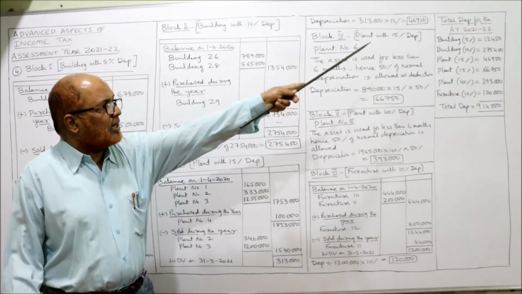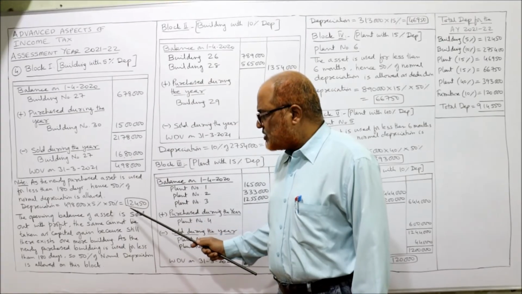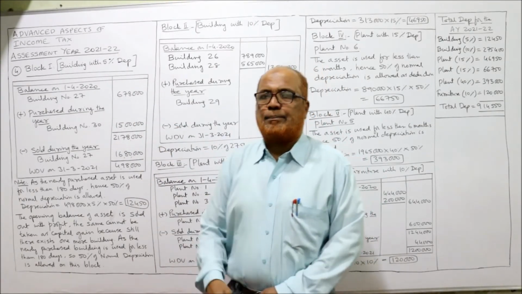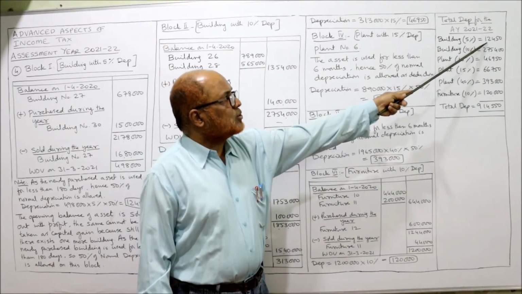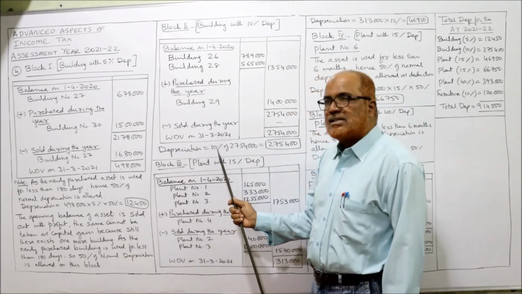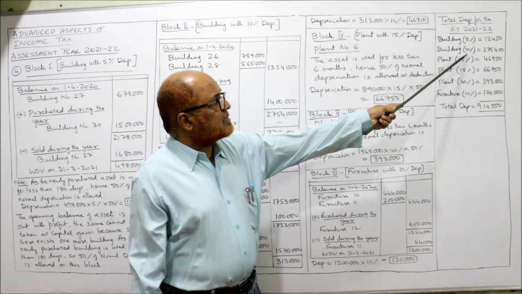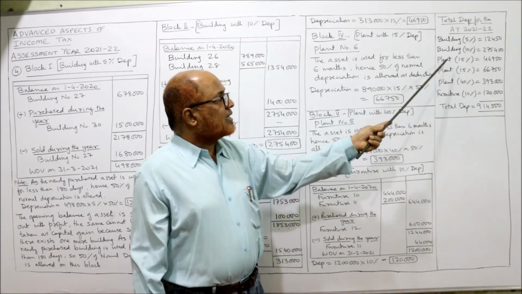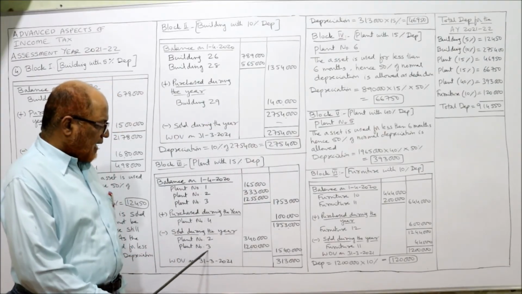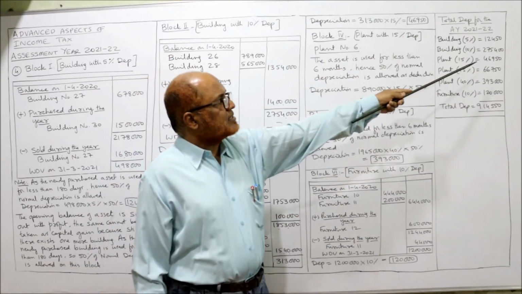Now we calculate the total depreciation. First block, building with 5% depreciation, 12,450. Block number 2, building with 10% depreciation, 2,75,400. Block number 3, plant with 15% depreciation, 46,950.